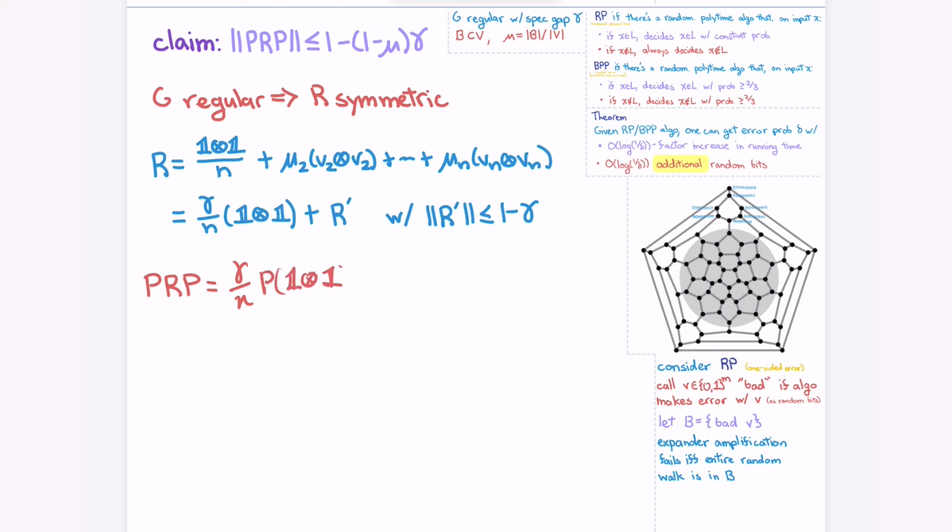Okay, so this is P and this is the outer product of two ones, so this is like an all ones matrix. So this will turn into applying P to this all ones matrix. And what do I know about this?